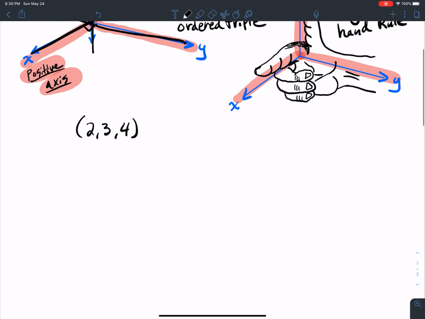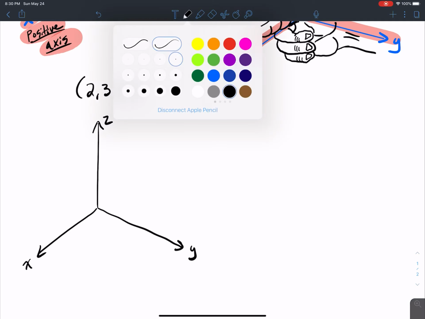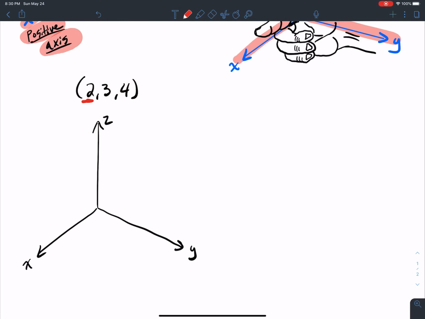Let's try to graph this. The right-handed system looks like that. That's x, that's y, that's z. So I'm going to go 2 units, 1, 2, along the x-axis.